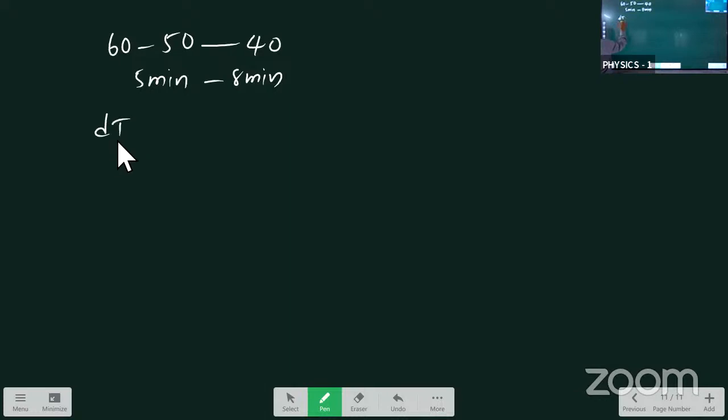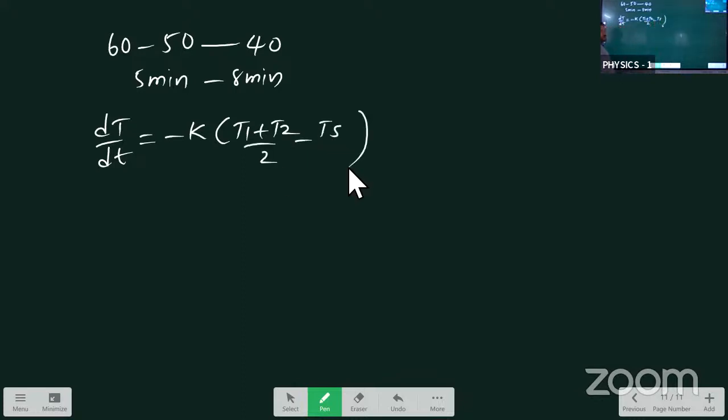Given data: 60 to 50 in 5 minutes, 50 to 40 in 8 minutes. This is the given data. First formula: dT by dt equals minus k (T1 plus T2) by 2 minus Ts. This formula is compulsory, because for that formula you can get 1 mark.